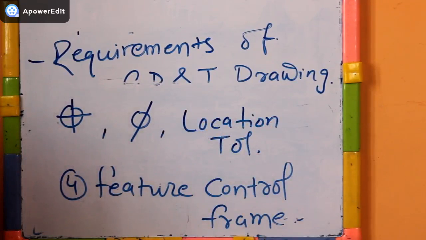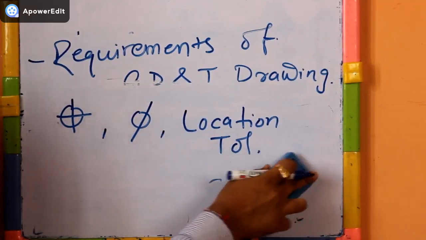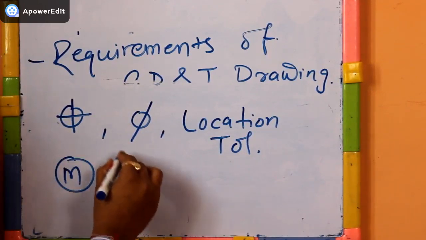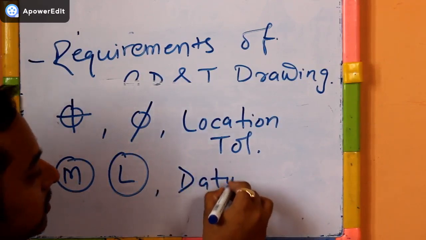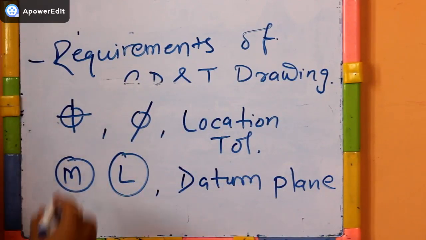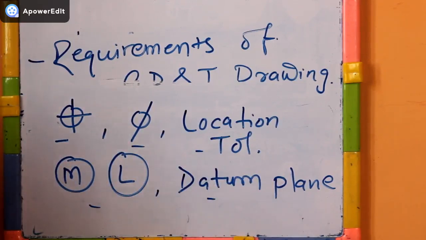The fourth one is the material condition symbol, whether it is maximum material condition, least material condition, or regardless of feature size. And the last one is the primary, secondary and tertiary datum planes. So these are the five basic requirements that must be specified in the feature control frame.